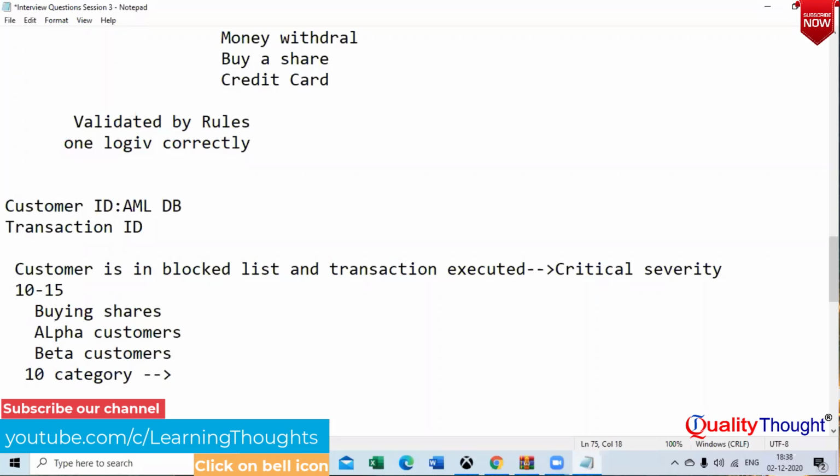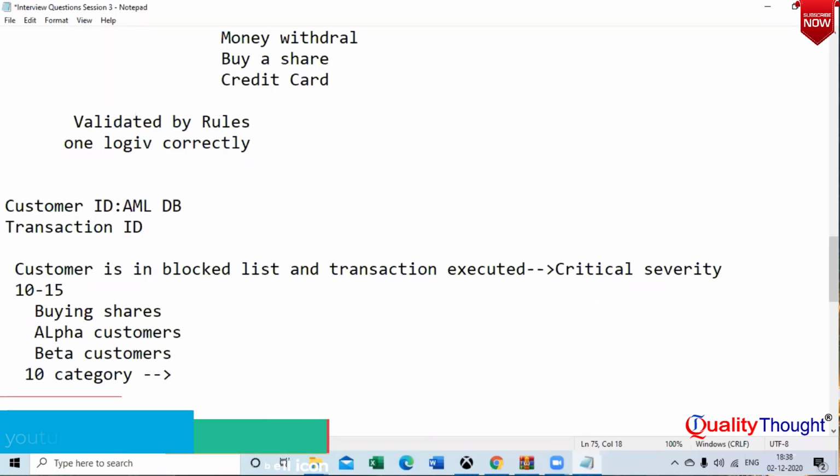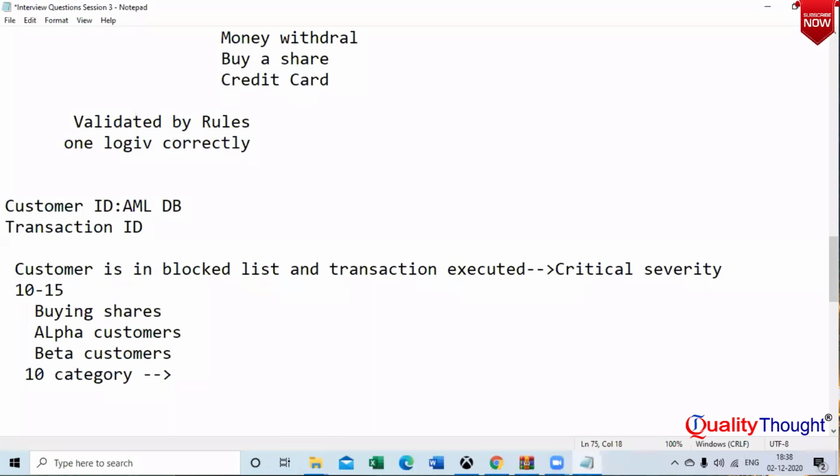Whenever they do a transaction, the amount is debited correctly and credited correctly. So 10 categories of customers have done the transaction, and 9 categories of customers are getting correct results.